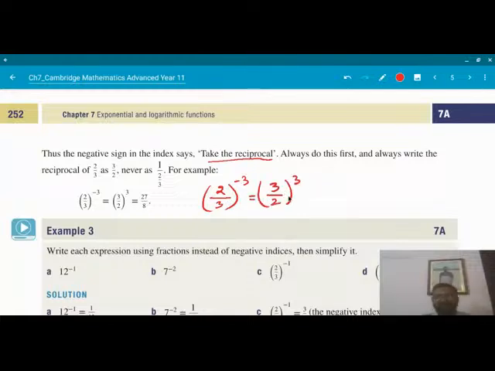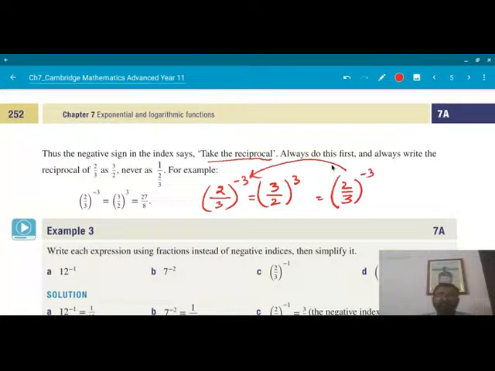Yes, you can write this also when you interchange numerator and denominator, which is the reciprocal. Reciprocal means the reciprocal of a by b is b by a. So when you interchange these two, the sign changes to plus. So if you shift it, it is 2 by 3 with power minus 3. Both will be the same.